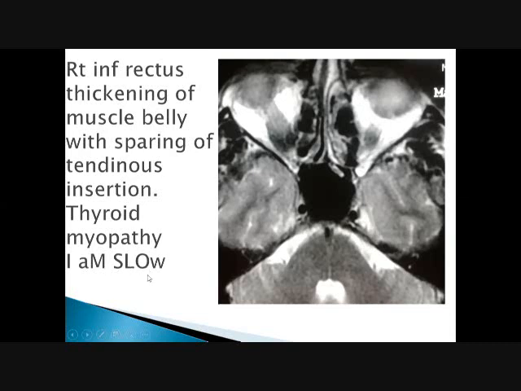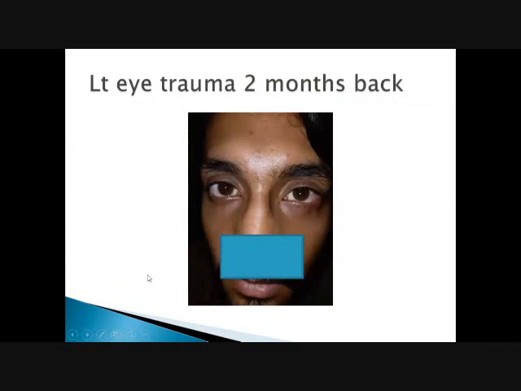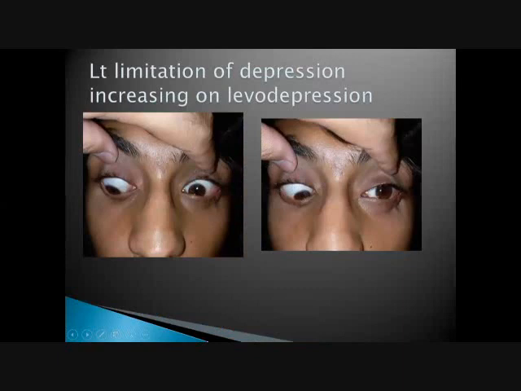Okay, so next, this patient also had a history of trauma 2 months back. And can you appreciate any difference? Hardly, difficult to see. But when you do ocular movements, then you can see there is left limitation of depression. The eye is not going down, and this is increasing.